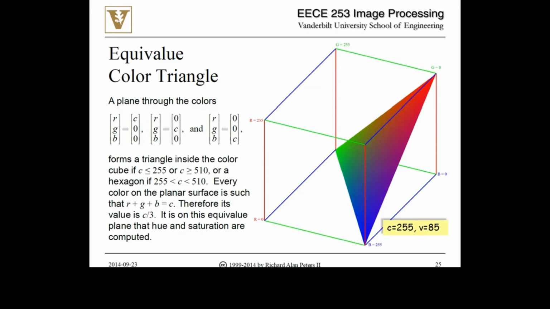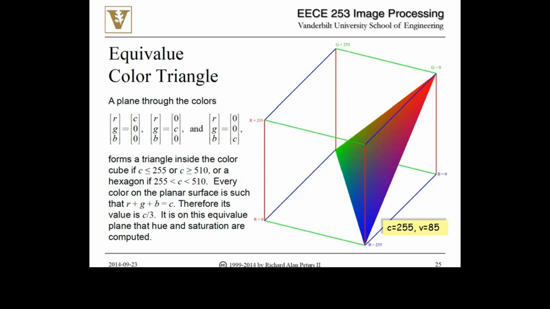Now let's go back to our color space. We have here the red axis. The origin is here, so this is the 0, 0, 0 point. Then we have the red axis, the green axis, and the blue axis. We may think, for instance, of all the colors that fulfill this equation: R plus G plus B is equal to some C value.